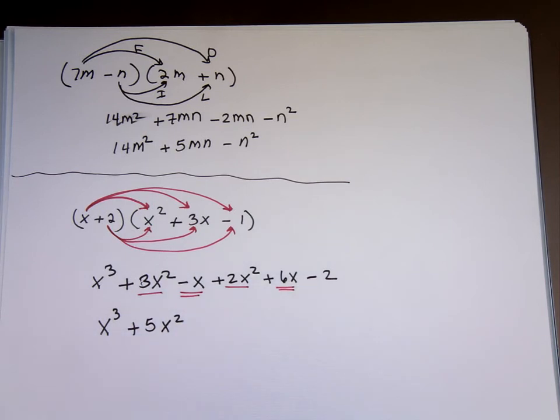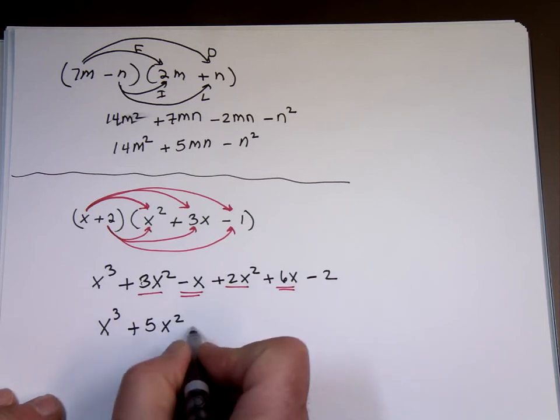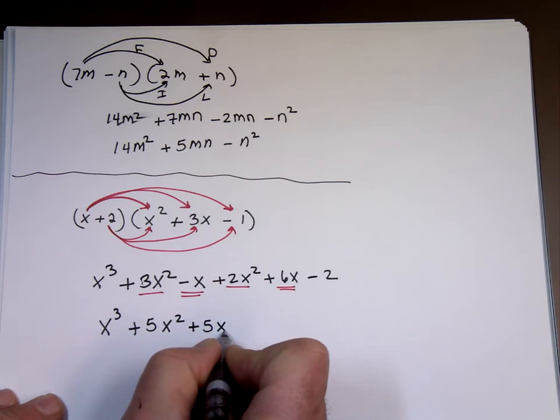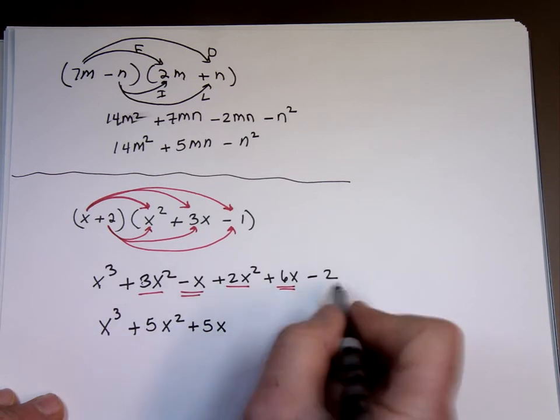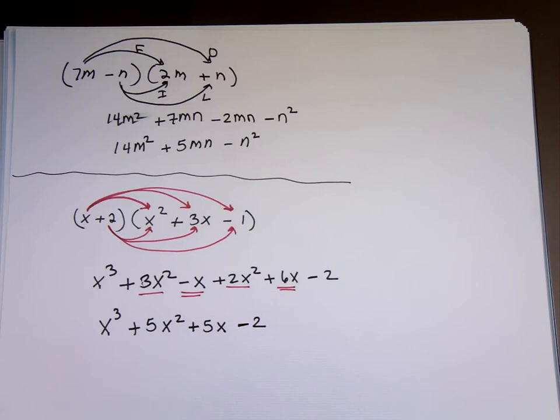Negative x plus 6x will make it what? 5x. Plus 5x, good. You're adding, not multiplying here. And what, the last thing is what? The negative 2? One more of these, then we're done.